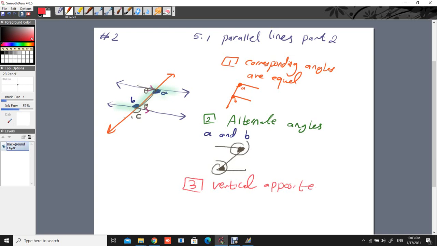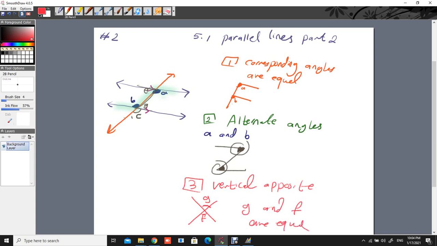Let's say in general, if you have these two lines and this angle, let's say this angle G with F. G and F are vertically opposite. G and F are equal.